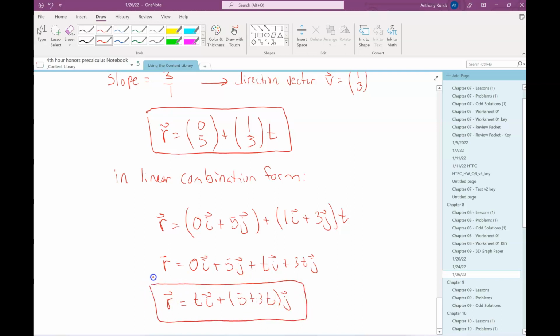Is that one i? Why is it one i? Oh, never mind. Because that was the vector 1, 3.